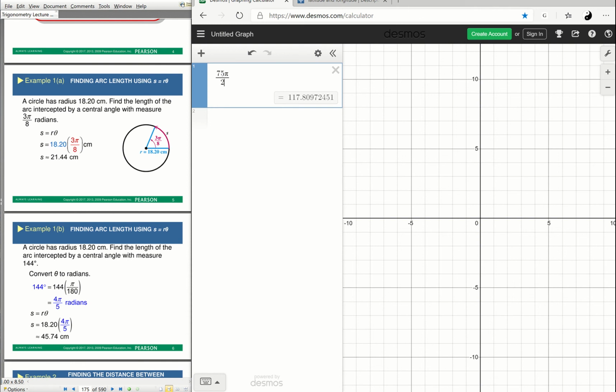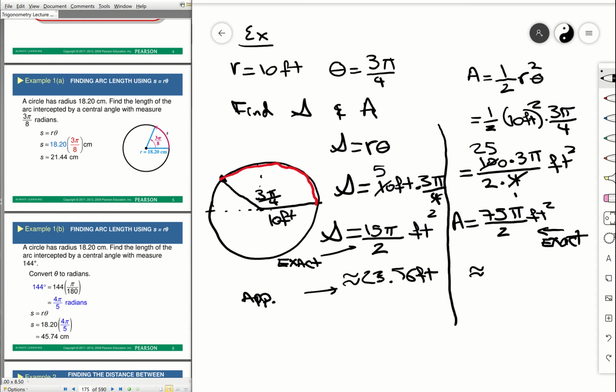And we end up with 117.81 approximately. So approximately 117.81 square feet. This one is the approximate value, rounded to 2 decimal places.